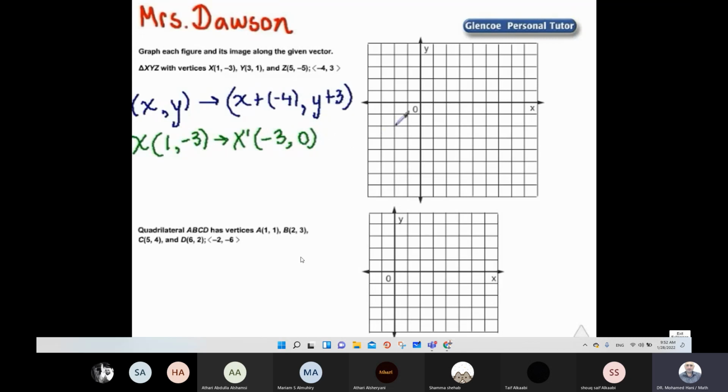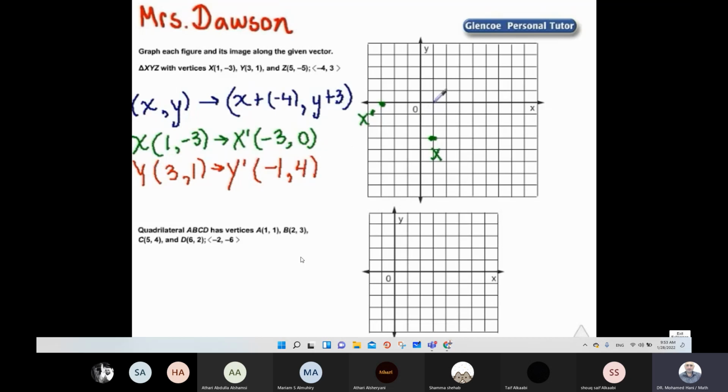So the original point X is at (1, -3), and X prime is located at (-3, 0). Vertex Y, originally located at (3, 1), is translated to Y prime. 3 plus -4 is -1, and 1 plus 3 is 4.